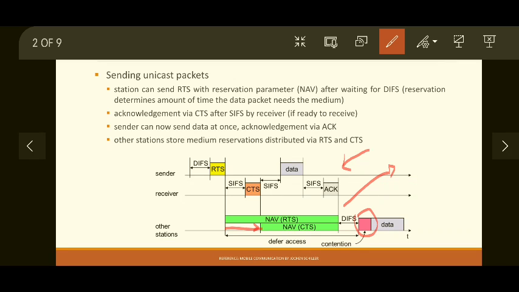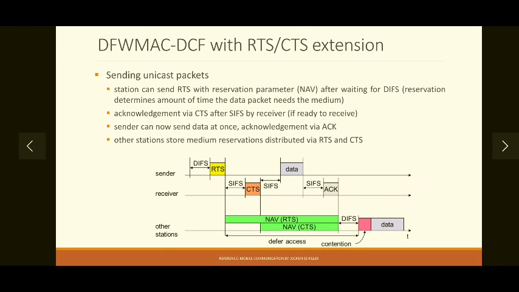Now in this contention period, back off timer is started by the other stations, and they will access the medium based on the fact that whoever has a lesser back off time, it will access the medium first. This concept we have seen in the last video. Okay, so this is how with RTS and CTS DFWMAC-DCF can be implemented.